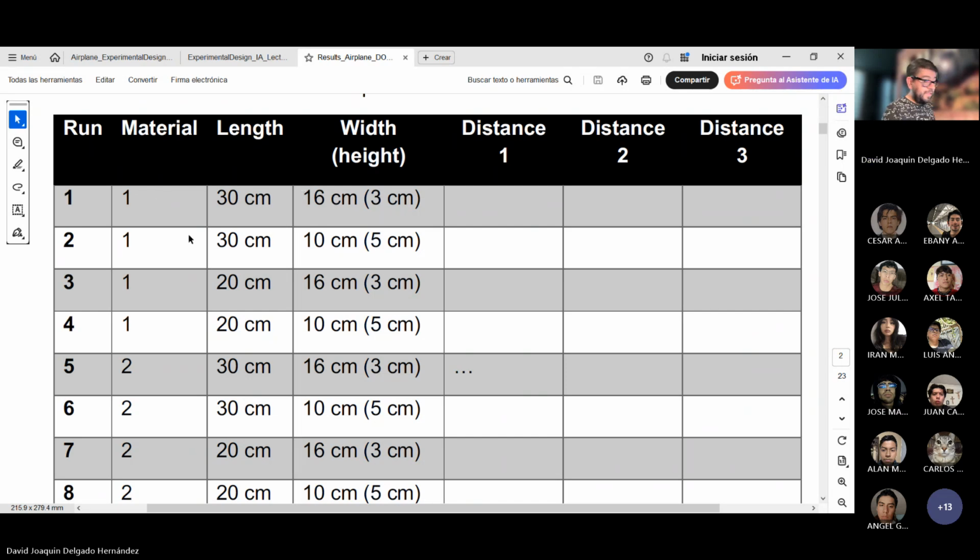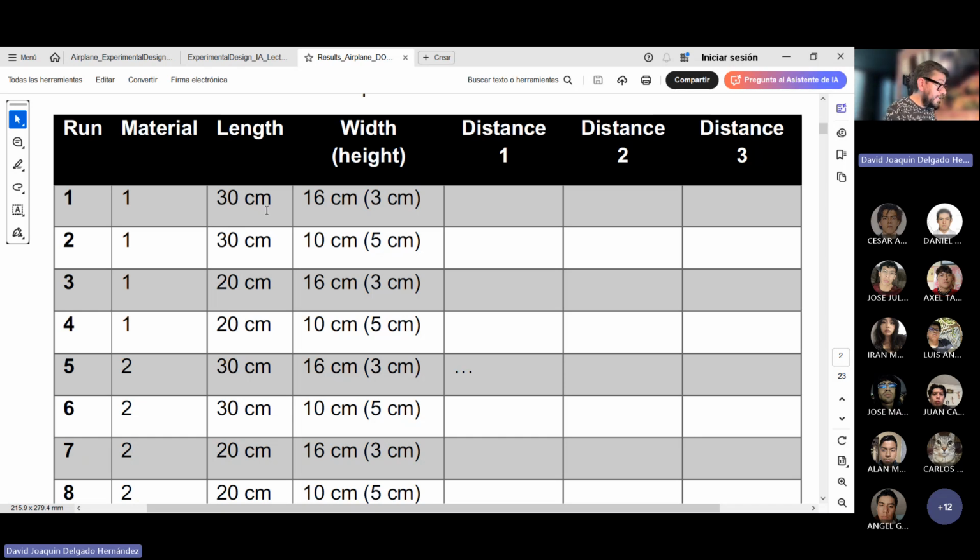The second run will consider again material 1, the same length of 30, but now the short width. Instead of 16, I will have 10 centimeters. That is the second combination. Then for the third combination, run 3, again material number 1, but now the length is going to change. It is going to be 20 instead of 30.